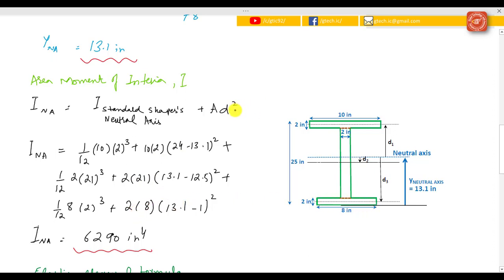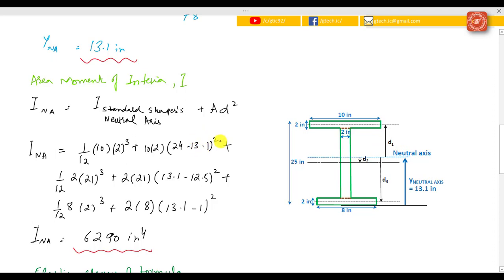d is the distance from the neutral axis. This is the central axis of this rectangle and this one is the neutral axis of the whole structure. So you have to find this d1. We know the distance from this point to this point is 13.1, so d1 is 24 inches minus this y neutral axis, 13.1. Then you come up with the d1 value using this equation.